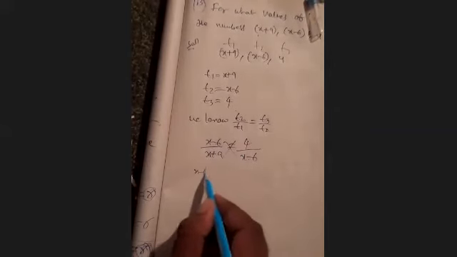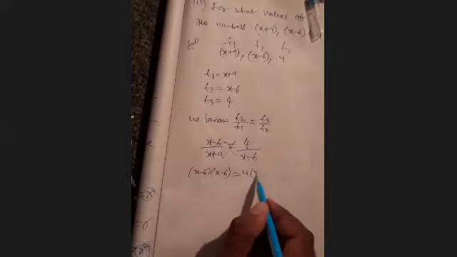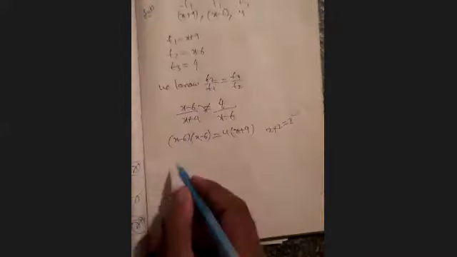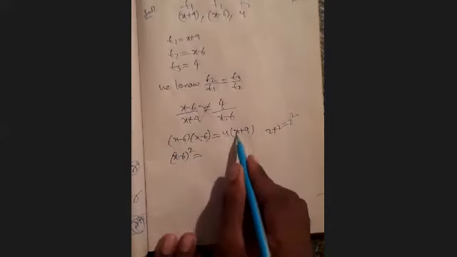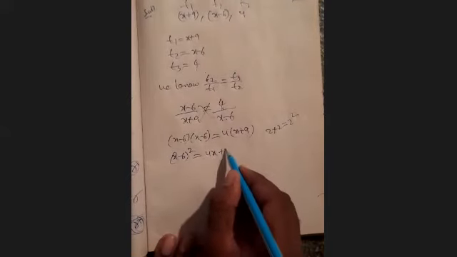Now cross multiplication: x minus 6 into x minus 6 is equal to 4 into x plus 9. Now x minus 6 into x minus 6, like 2 into 2 we write 2 square, so we write x minus 6 whole square is equal to 4x plus 36.